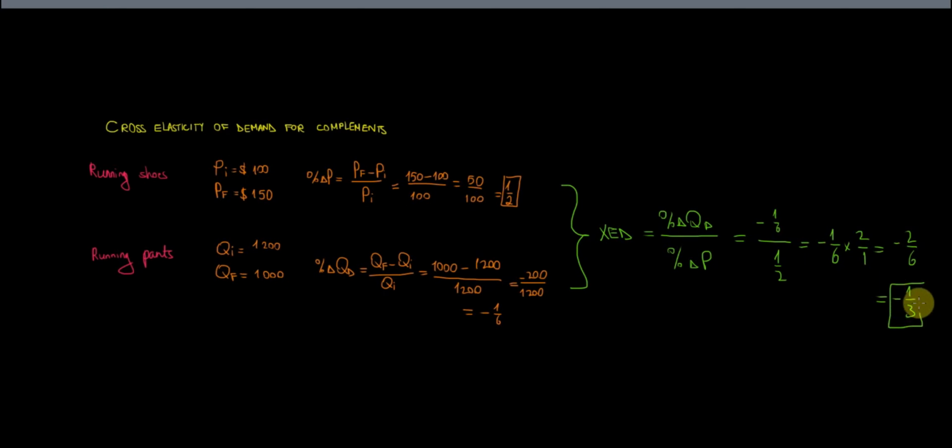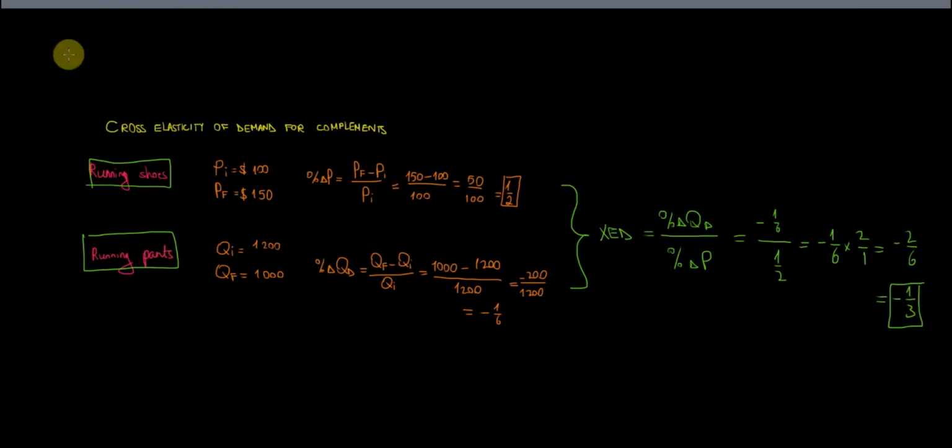So in other words, what we are saying right now is that when the price of running shoes increases by 1%, then the quantity demanded of running pants decreases by 1 over 3 or 0.33%.